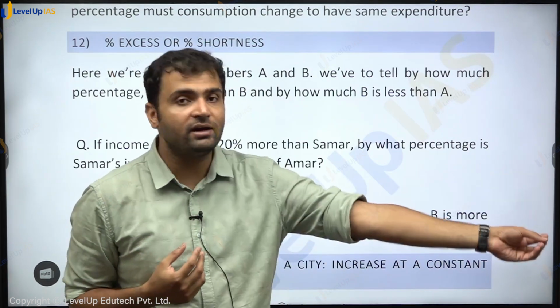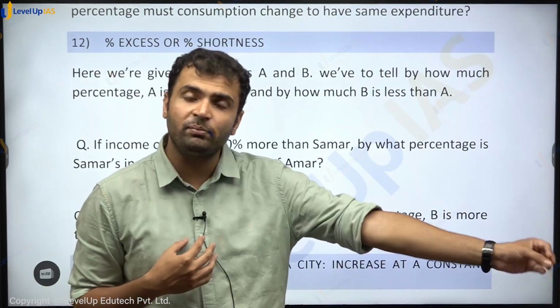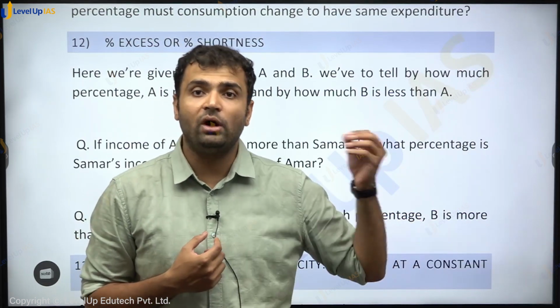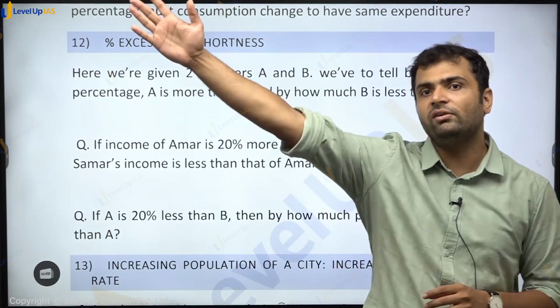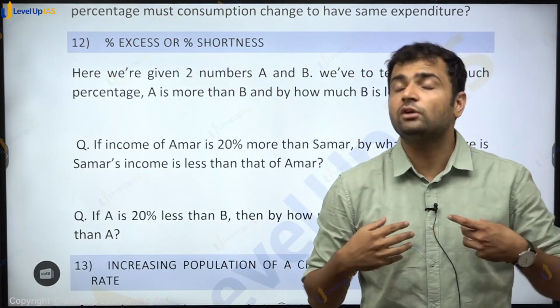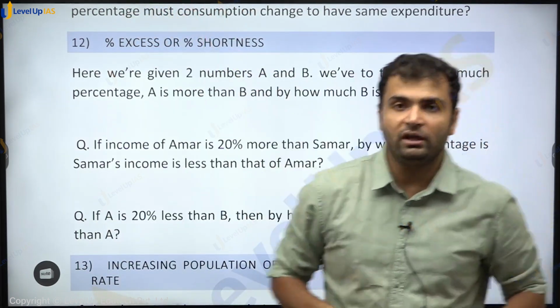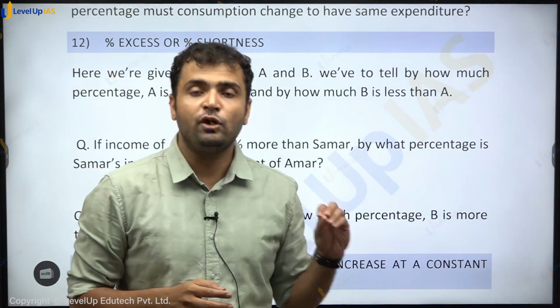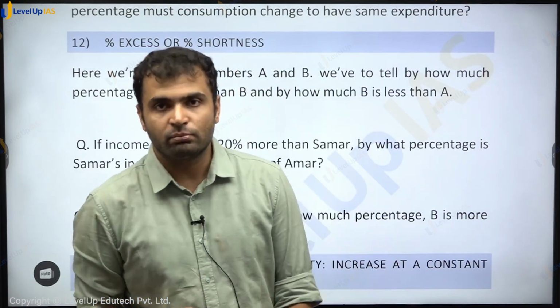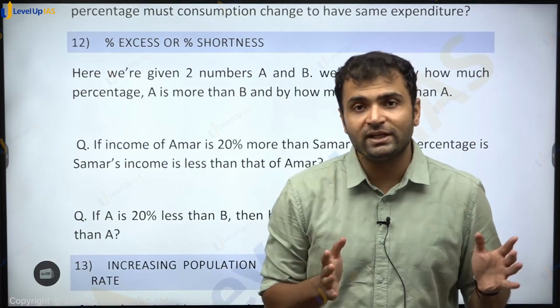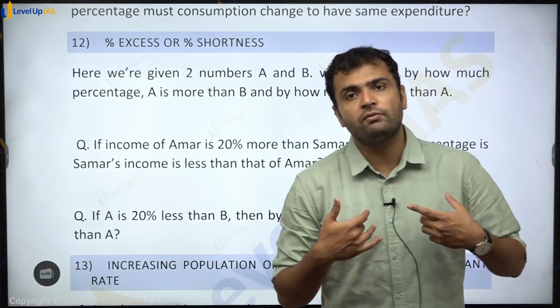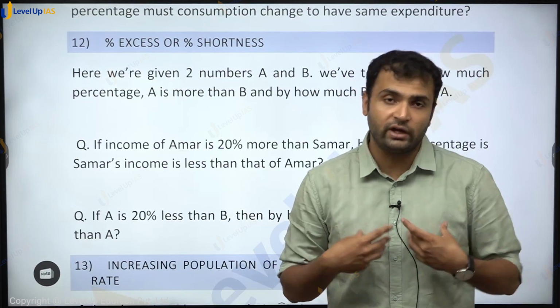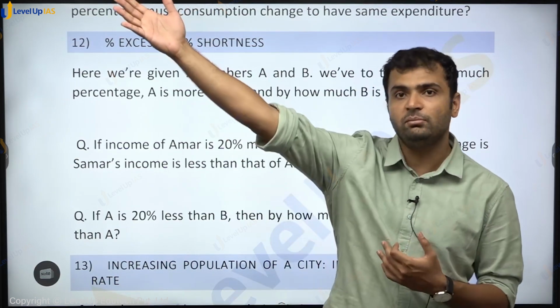So 25 is now 20% of me. So if I look at 100, I see 100 as 20% smaller than me, not 25% smaller. But if I'm 100, I see 125 as 25% bigger than me. If I'm 125, I see 100 as 20% smaller than me. Why is this happening? Because we are changing the base, the perspective from which we are looking. If you are looking from 100's perspective, it is 25% bigger.